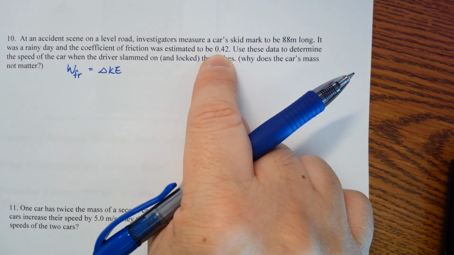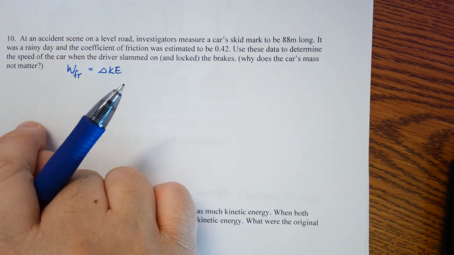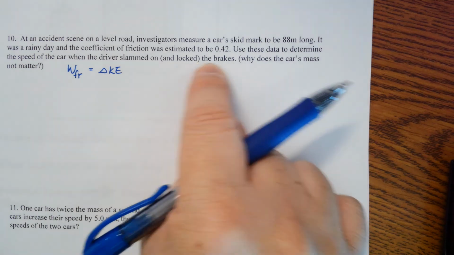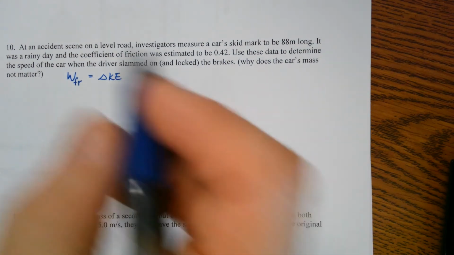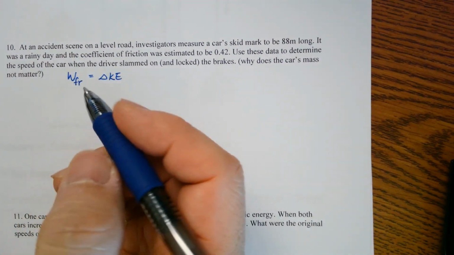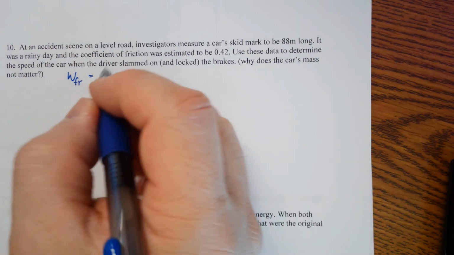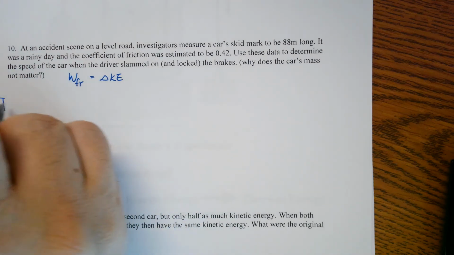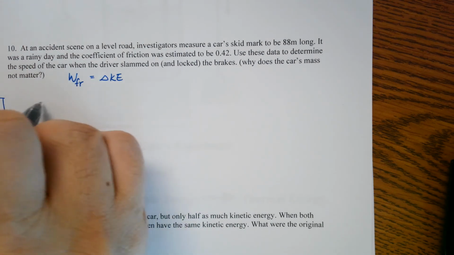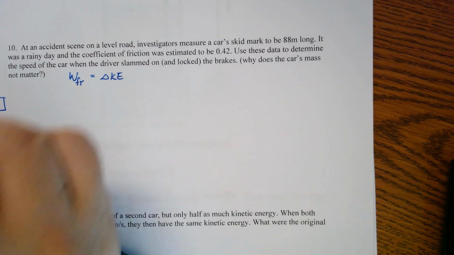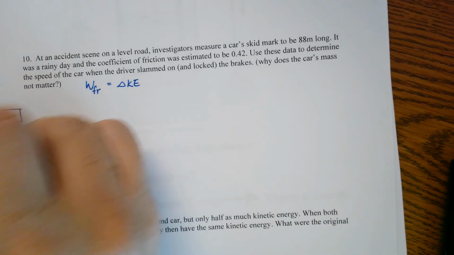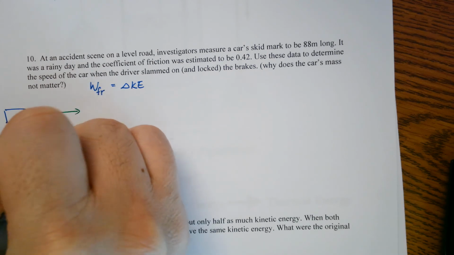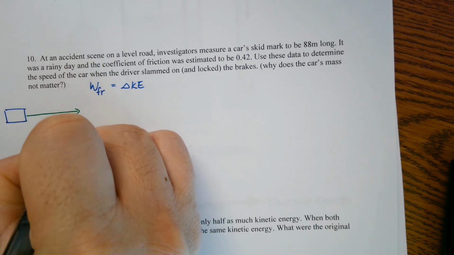Use these data to determine the speed of the car when the driver slammed on and locked the brakes. Why does the car's mass not matter? Well, what's really stopping the car? So here, the skid mark is going this way, so that's the delta x. So the skid mark is 88 meters long. So delta x is 88 meters.